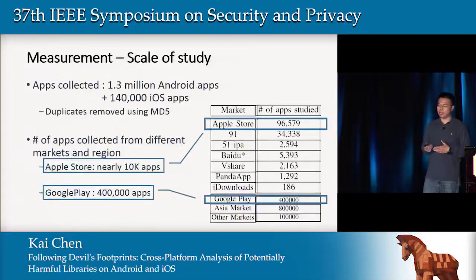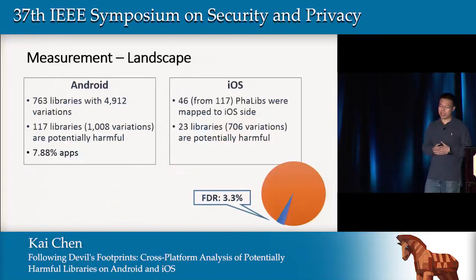So now we can do some measurement study. We collect apps from 1.3 million Android apps and 140,000 iOS apps, and remove the duplicates. From the Apple Store, we got 10,000 apps, and Google Play is like 400,000 apps. In the end, on the Android side, we found over 700 libraries with nearly 5,000 variations.